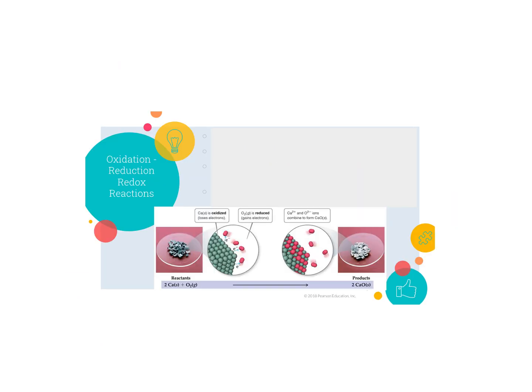Okay, the last of the major classes or types of reactions we'll talk about are oxidation, reduction, or redox reactions. These involve the transfer of electrons between species.